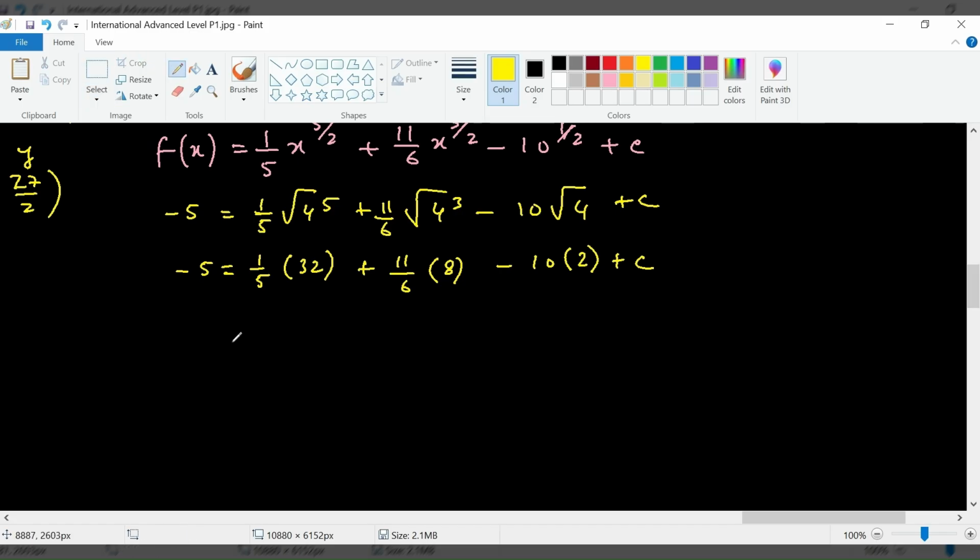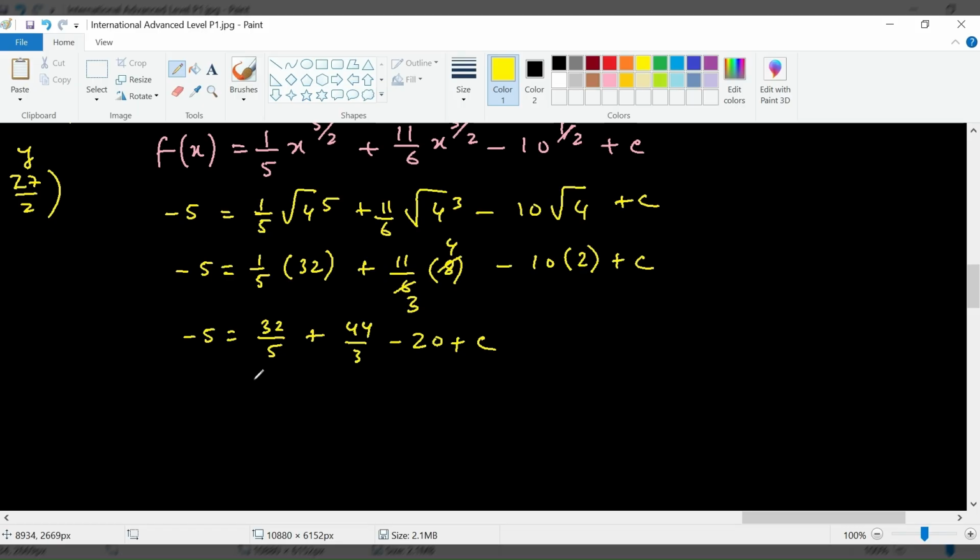Now this is going to be minus 5 equals 32 over 5. Next, this is going to give us 2 times 3 and 2 times 4. That means 44 over 3 and minus 20 plus c. That's how we can find the value of c.